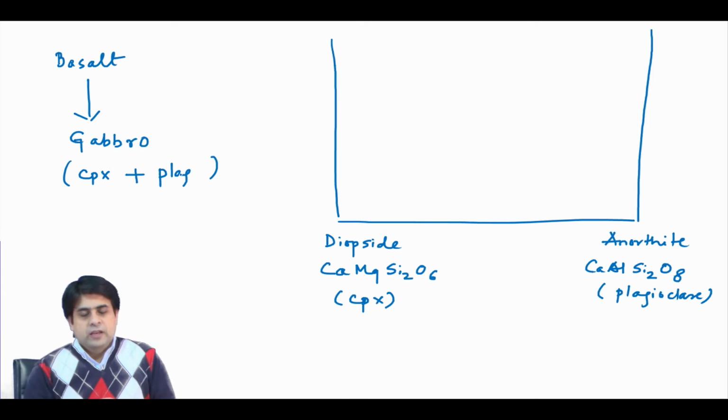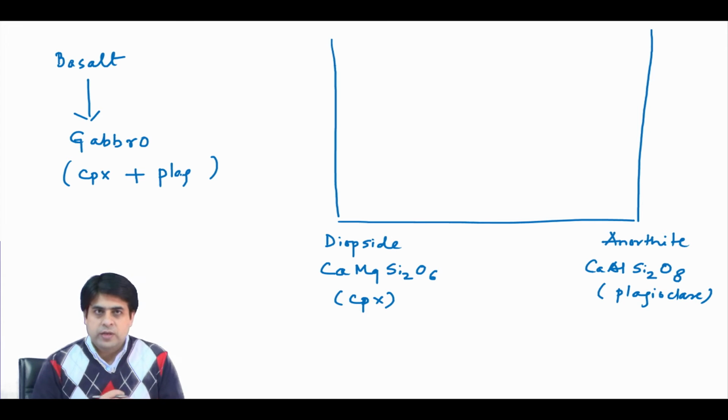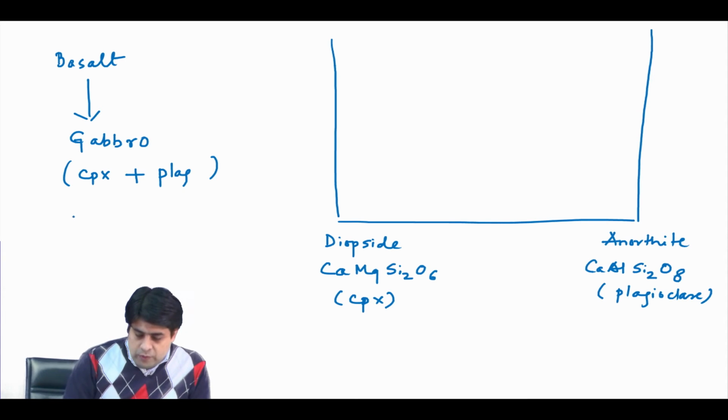If you analyze the composition of clinopyroxene, it has 3 different components.